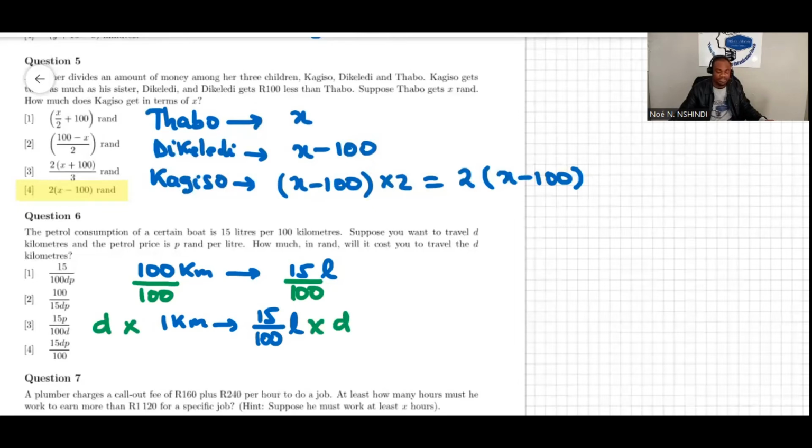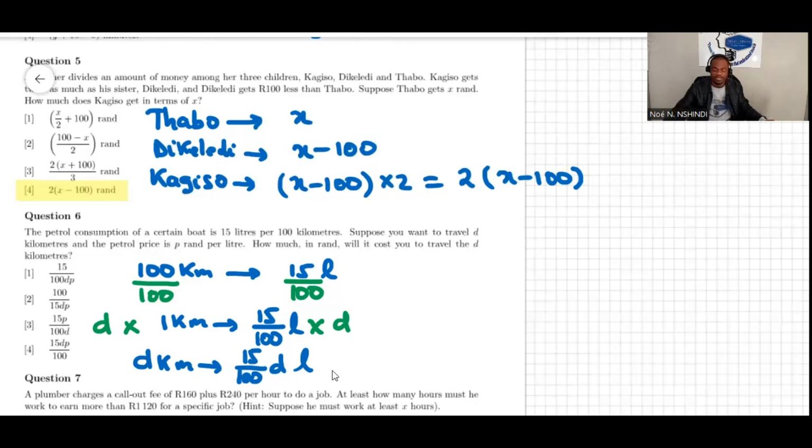And then d kilometers will be 15 over 100 d liters. So now it means that if we travel d kilometers, we'll spend 15 over 100 d liters.